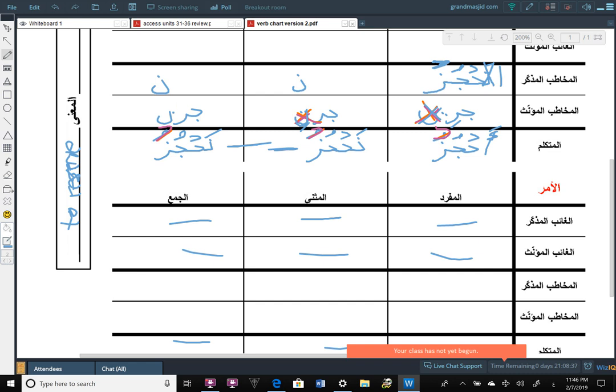And it's called mabni. So here, this juz, and it's going to be because of the vowel that's on the jeem. We're not going to write it there, but that's how you would pronounce it. Juz. We're going to say this is, instead of saying majzoom, which I've been saying, we're going to say mabni ala sukoon.